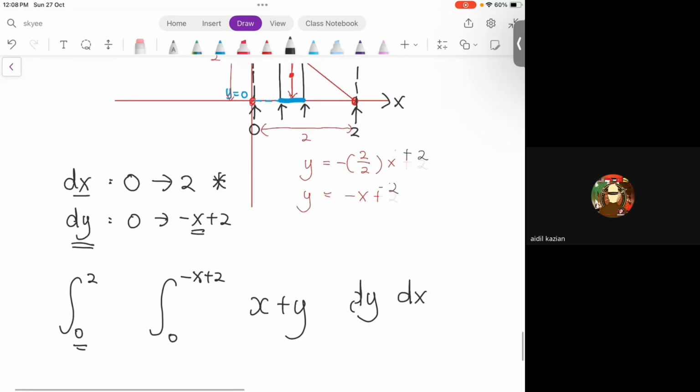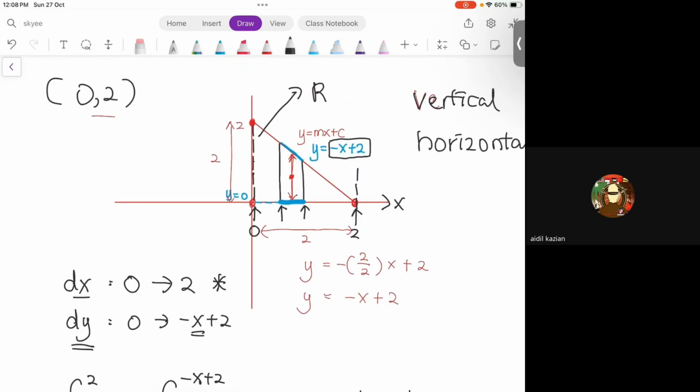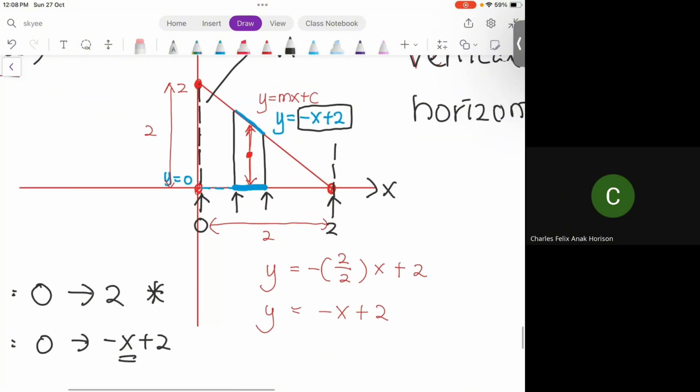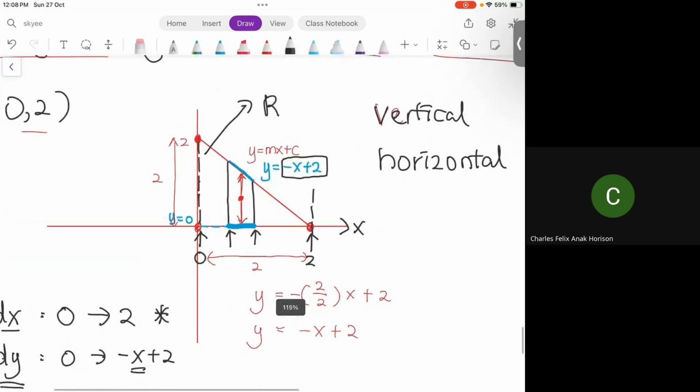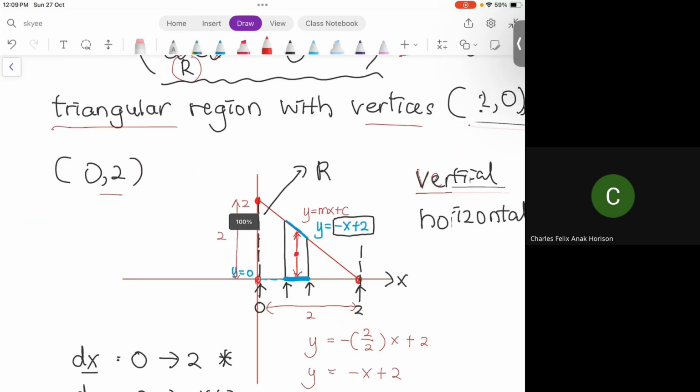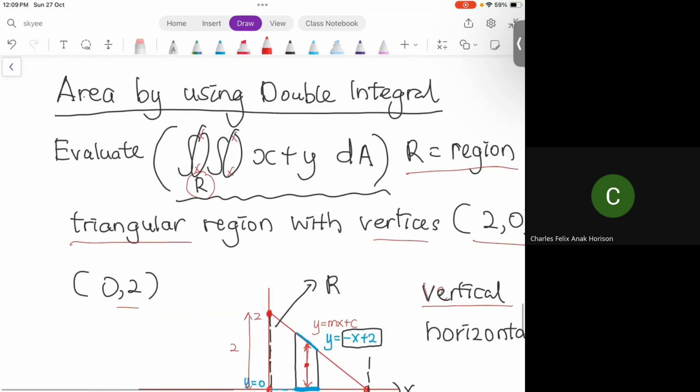Do you need me to repeat these explanations? Yes, Doctor. Okay, so I will repeat one more time. Now we are using the vertical strip technique in order to define the interval of my double integral.